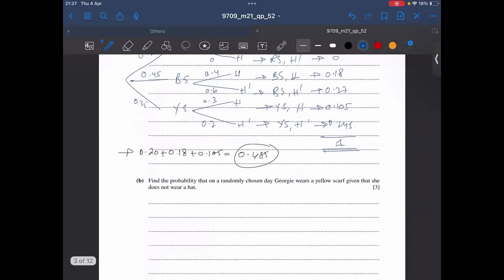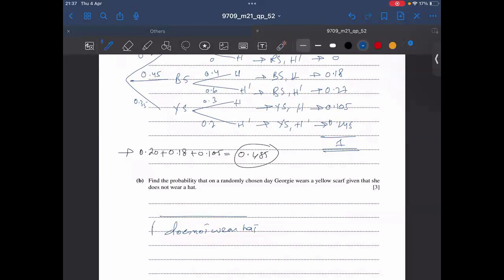Find the probability that on a randomly chosen day, Georgie wears a yellow scarf, given that she does not wear a hat. So you have a conditional probability given that she does not wear a hat. Whatever is written after given that, you just write it down in the denominator.